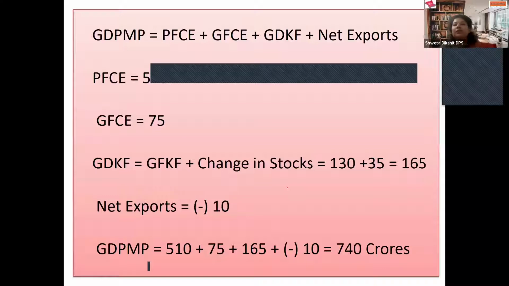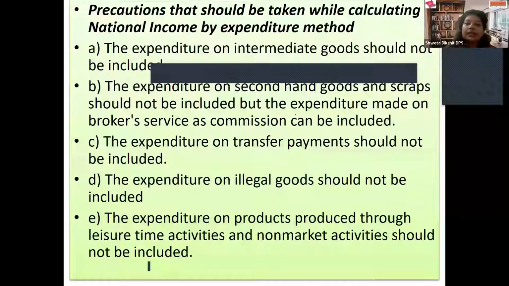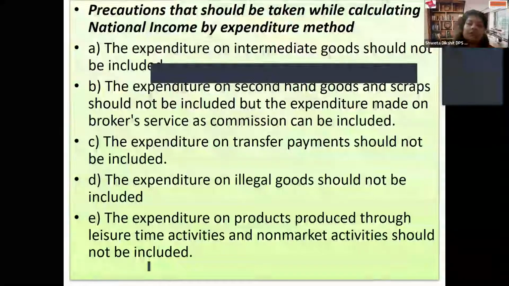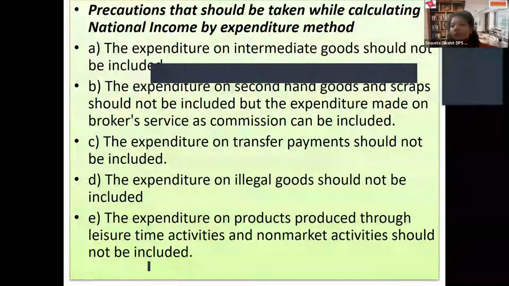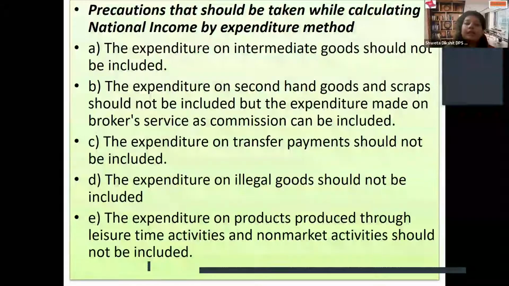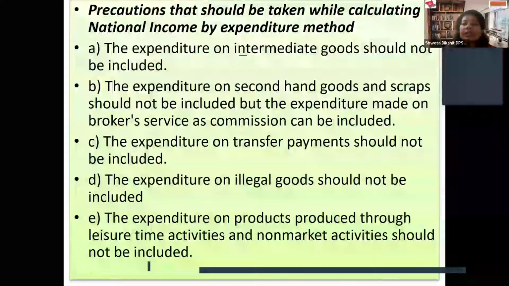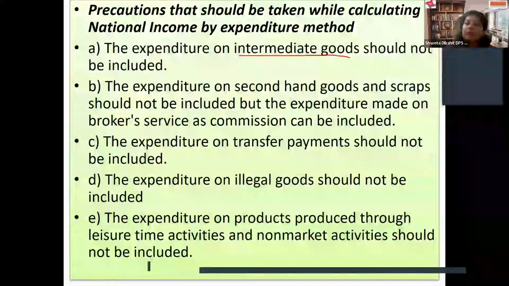Now, the precautions of the last method. This is again a theory question. Sometimes, in fact, the precautions are always there in the question paper. One of the precautions can possibly be there this time as well. So the income method is done, the value added method is done. This is the time for the expenditure method. The first thing, this time again, we do not add the intermediate good, otherwise there will be the problem of double counting.